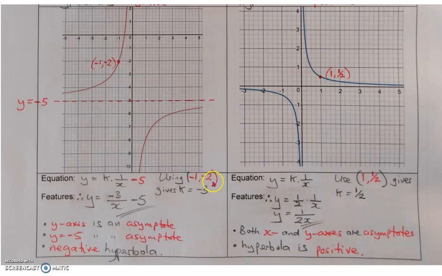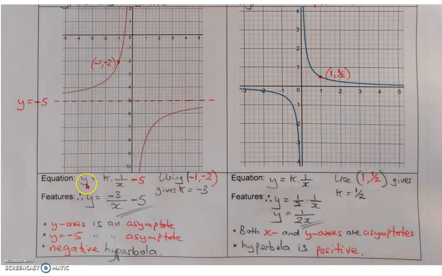And so I put those coordinates into this equation and solve it for k. So the y is minus 2, the x is minus 1, so we've got 1 over minus 1. We're going to take the minus 5 over, then it goes minus 2 plus 5, which is plus 3.